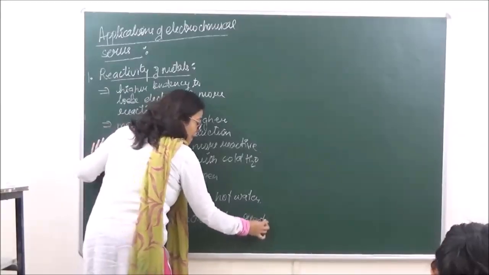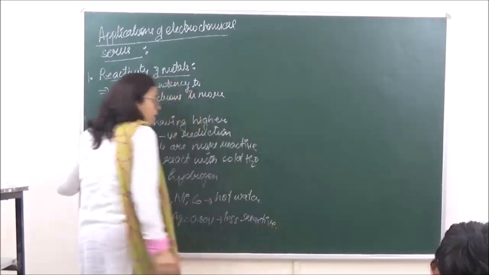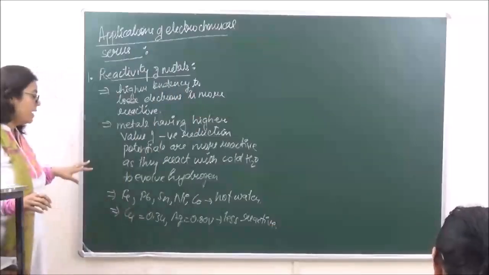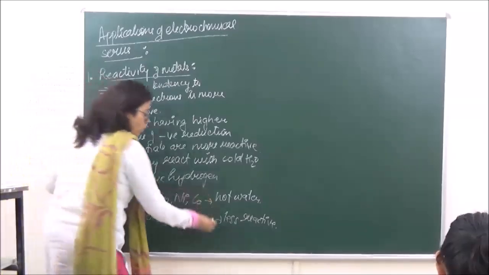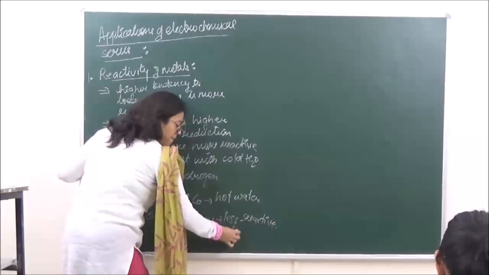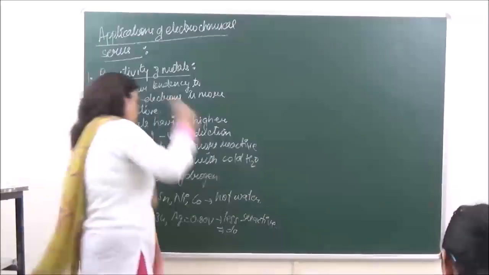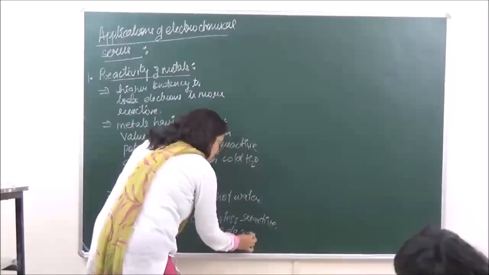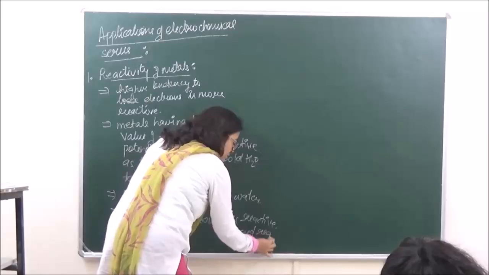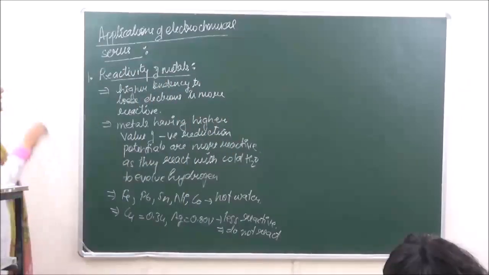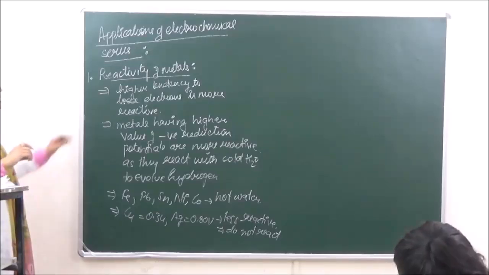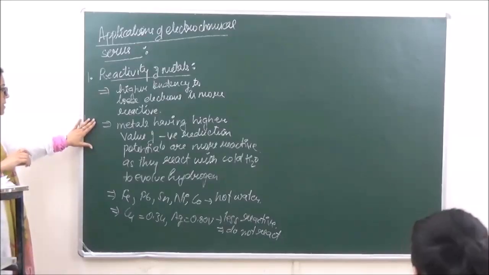They are very low on reactivity, right? So as a result, these metals do not react with water at all. Okay, so depending upon the reactivity of the metals, we have classified the metals into three.